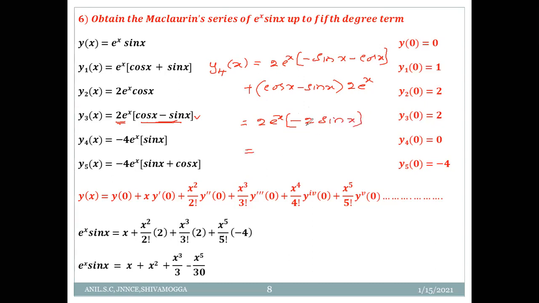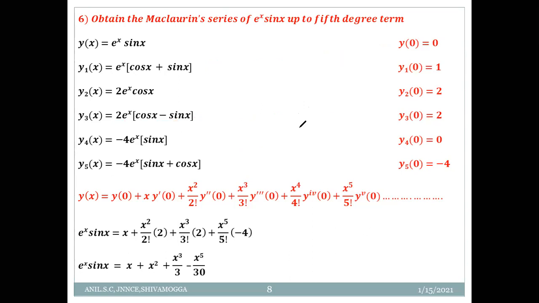This is equal to minus 2 into 2 is minus 4 into e power x into sin x. Put x is equal to 0. When x is equal to 0, the expression will be y4 of 0. And here sin 0 is 0. 0 into anything is 0. y4 of 0 is 0.